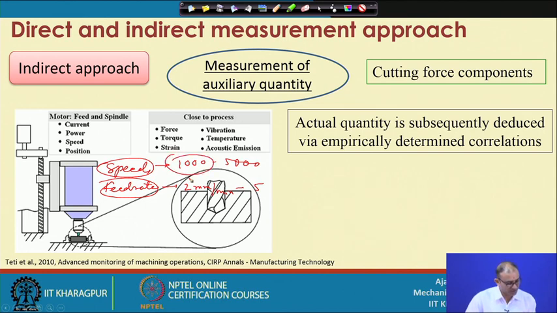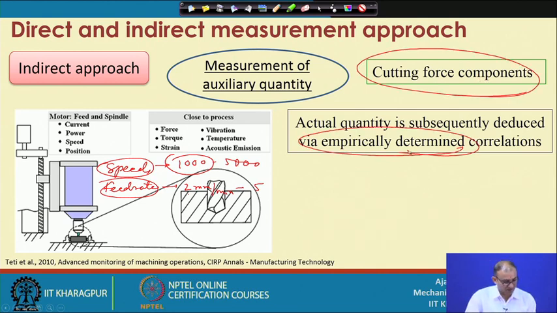You select these parameters and make changes 2, 3, 4, 5 like that, and every time you get one force signal, and then you create an empirical formula: if you operate at this particular feed, speed and depth of cut, then these are the force readings.